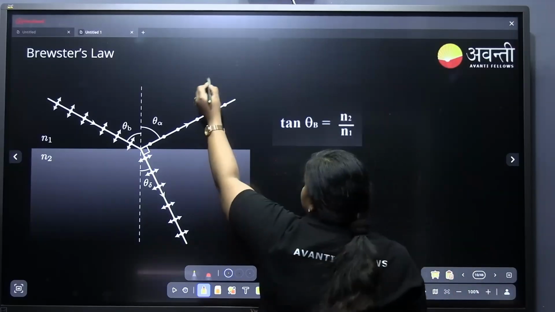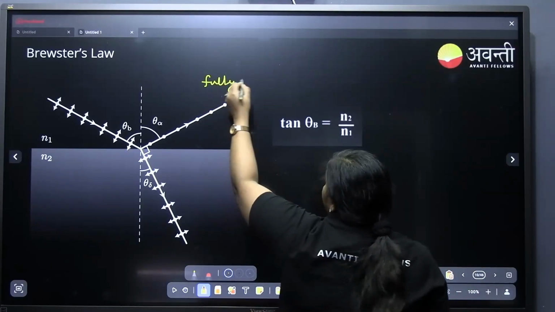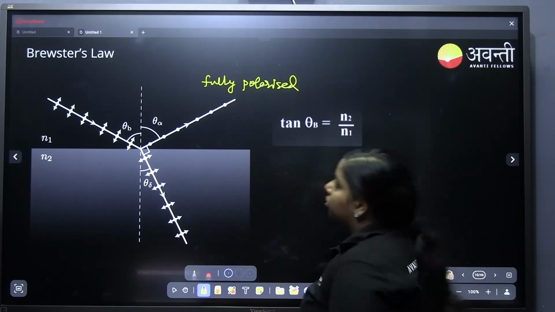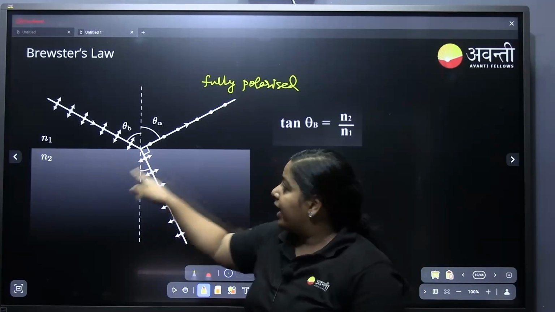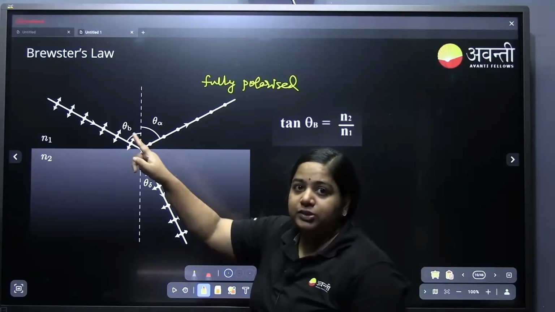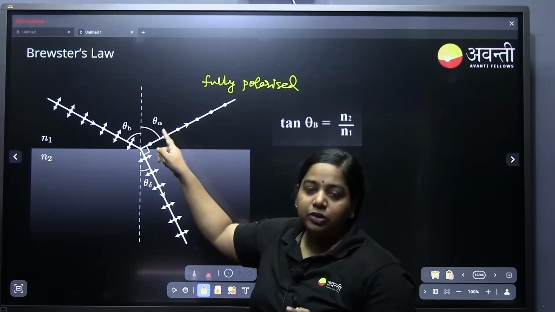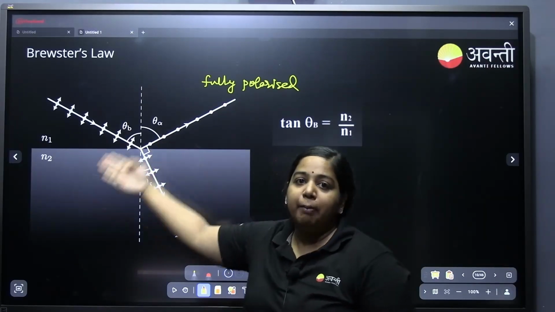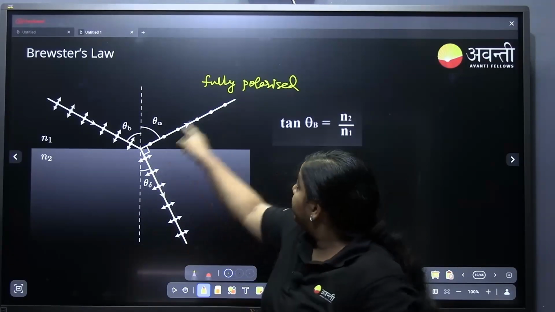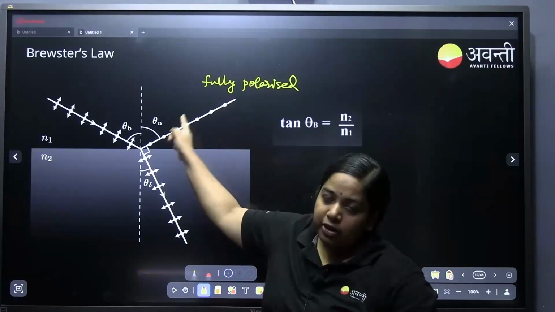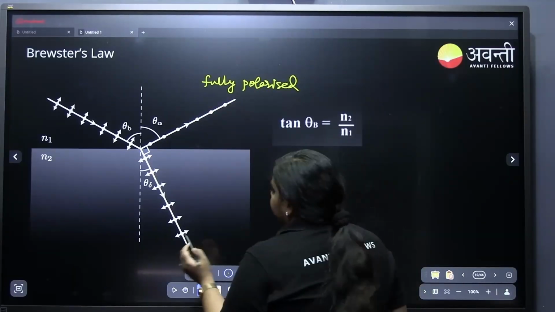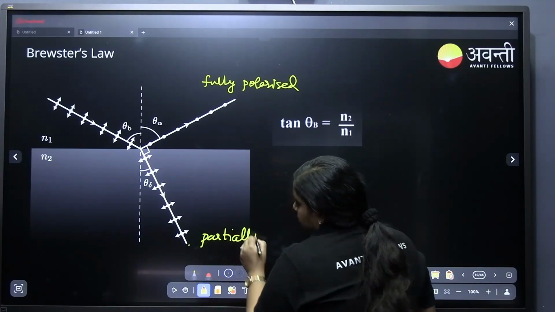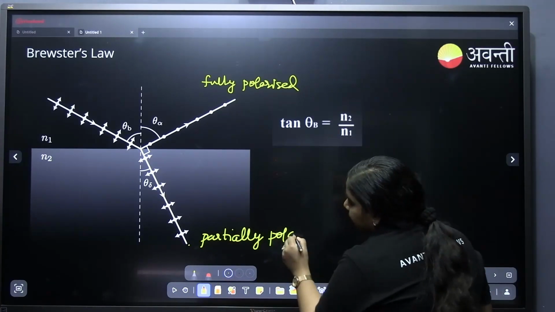A dot means it is oscillating perpendicular to the plane. This arrow means oscillating parallel to the plane. So the reflected light is fully polarized perpendicular to the plane, and the refracted one will be partially polarized, okay?